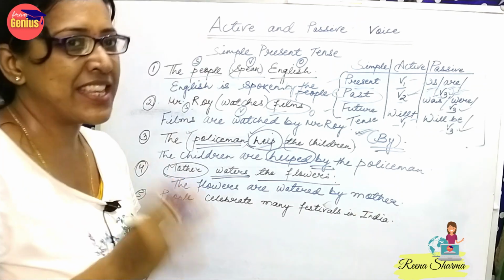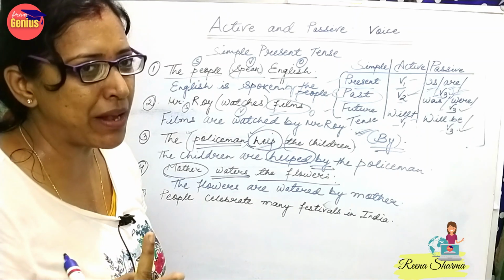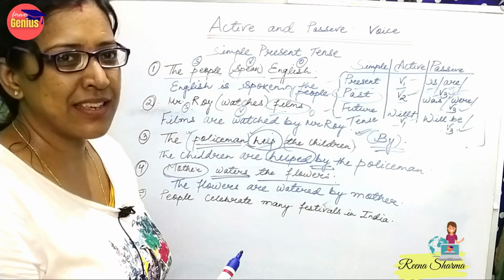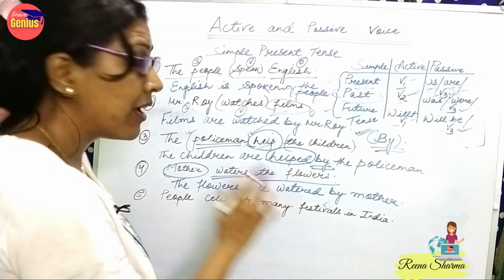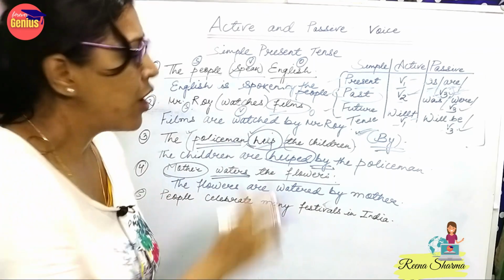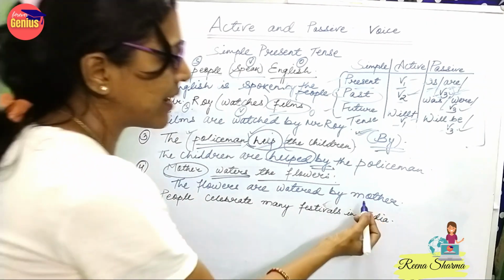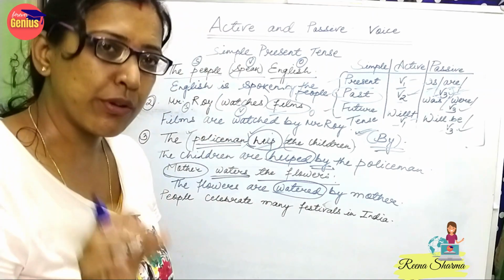Now say, isn't it very easy? Active and passive, just three simple rules. Change the place. See whether it is singular or plural, and add a by after the verb, not before the object or the subject. But it is better to remember it after the verb.